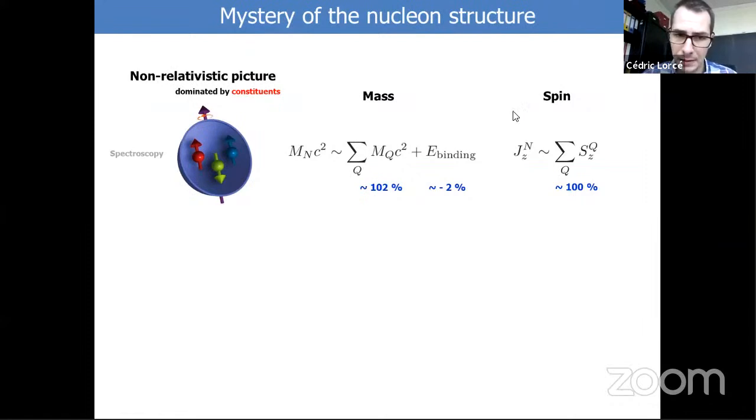The mass of the system would just be the sum of the masses of the constituents, with a little bit of binding energy, just like in nuclear physics. They are all in the lowest state, essentially an S wave for the low-lying systems, like the proton and the neutron. And the total angular momentum of the system is just the sum of the spins of the constituents.